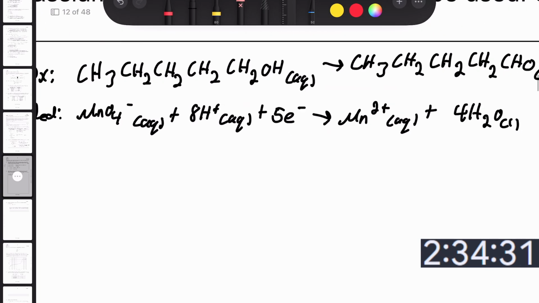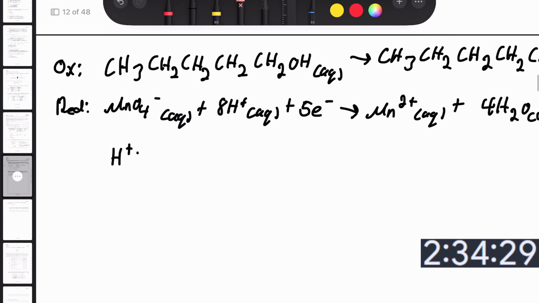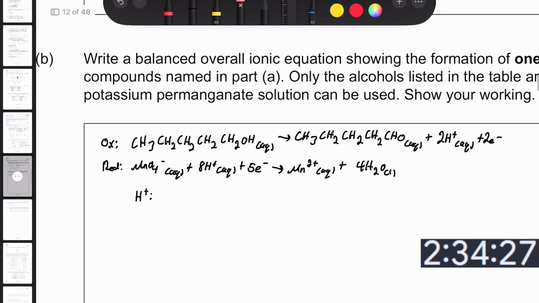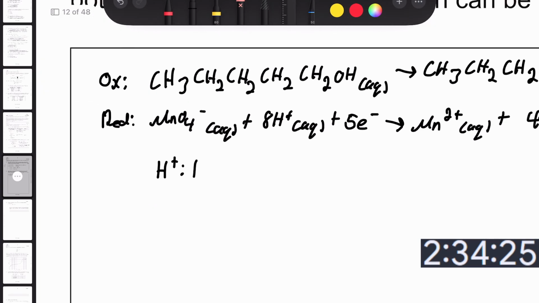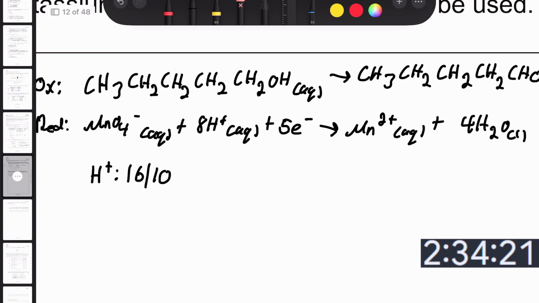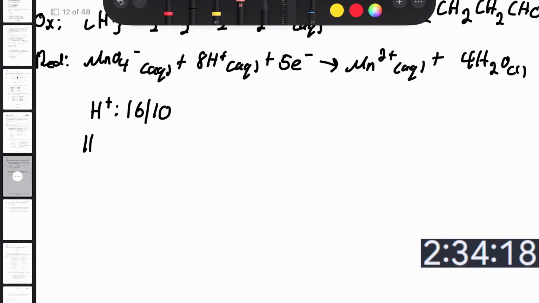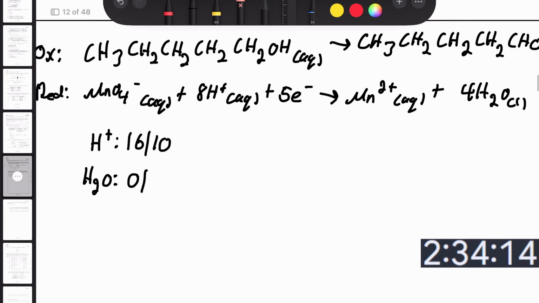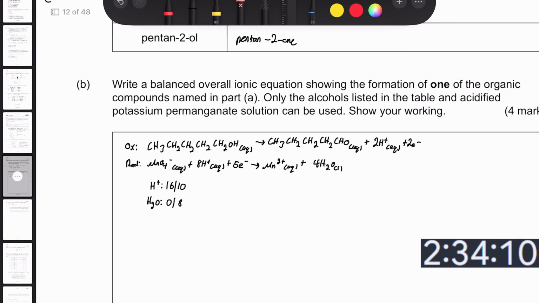Okay, so then let me deal with my hydrogens. On the left hand side, I'm going to have to multiply this by 2, so I'm going to have 16, and then the top equation I have to multiply by 5, so I'm going to have 10. So I'm going to have 6 on the right, and then for my water, I'm going to have none on my left, and then 8 on my right. Let's make sure this is correct. Yep.